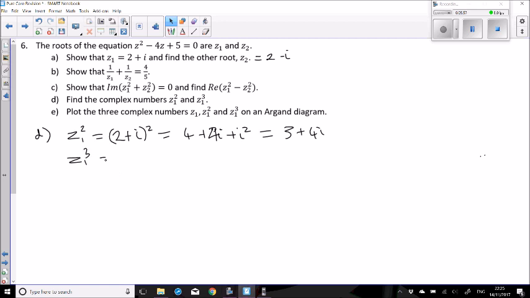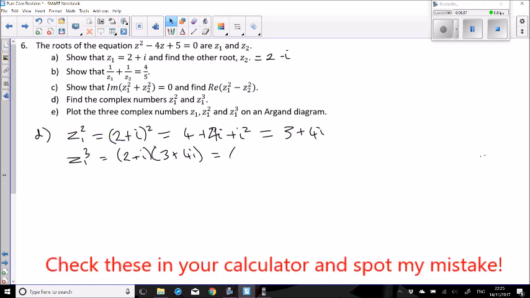Then I want z1 cubed, so that's just z1 squared times z1, 3 plus 4i times 2 plus i, so 6 plus 8i plus 3i plus 4i squared, so 2 plus 11i.